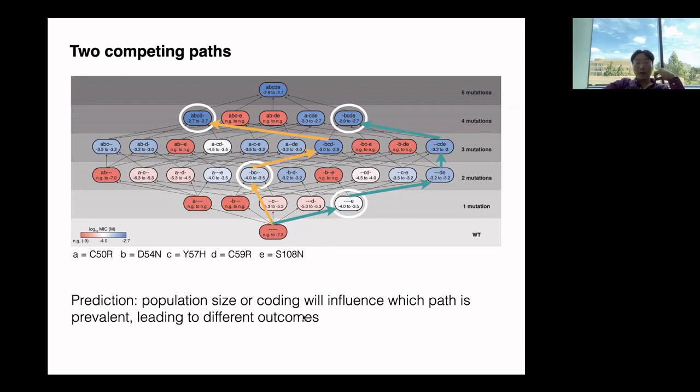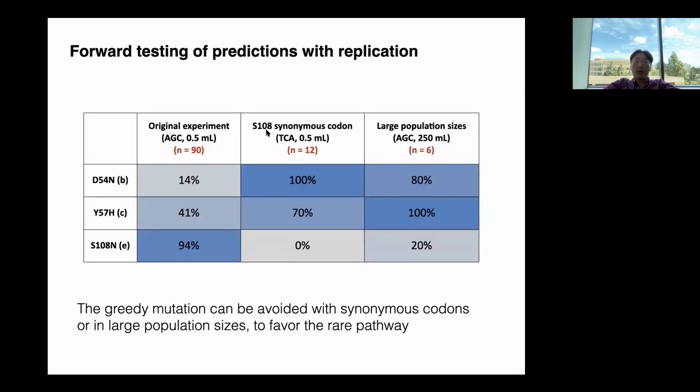Another way of modulating this search is by coding DHFR differently, where if we take S108 and instead of using our original coding, which is AGC, we use TCA to code for S, then it actually takes two nucleotide substitutions to get to N, basically making it equivalent statistically to doing the double mutant that gets into a region of the fitness landscape lacking S108N.